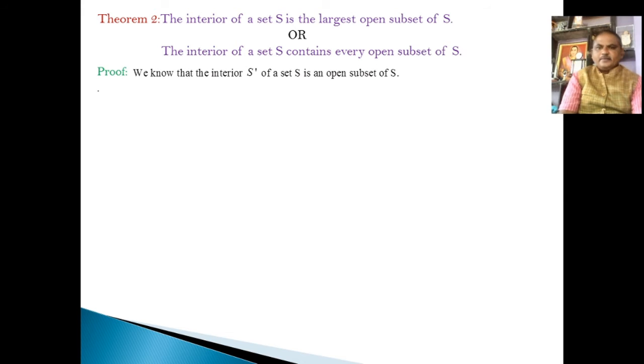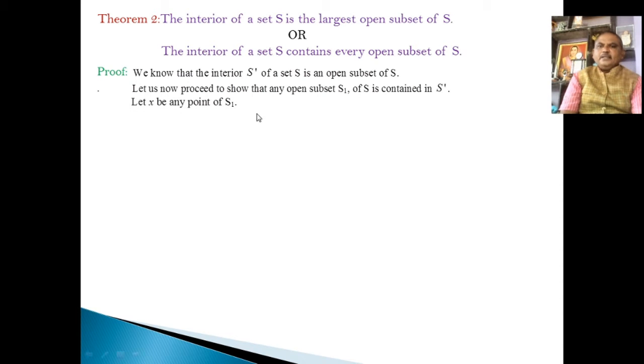Proof of this theorem: we know that the interior S' of a set S is an open subset of S. By the last theorem we proved that the interior set is an open set. Let us now proceed to show that any open subset S1 of S is contained in S'.